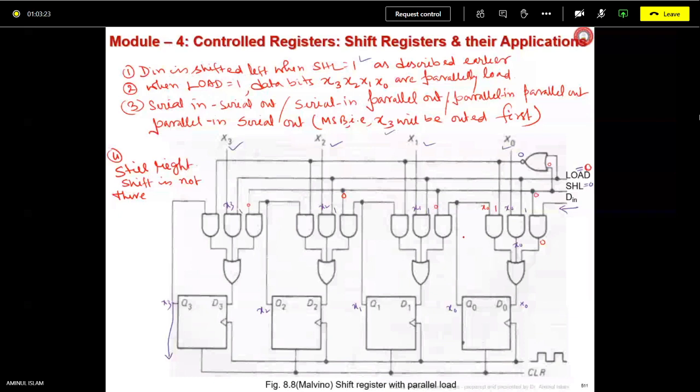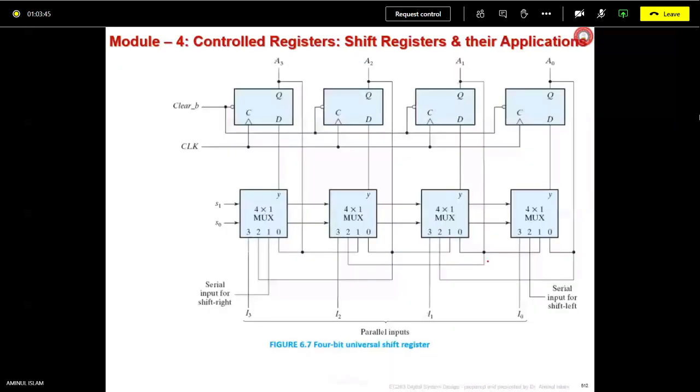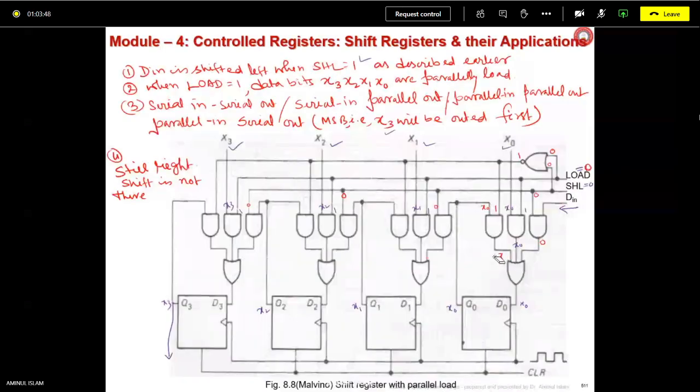You are not shifting left. So both signals should be 0. If both are 0, what is the output of this NOR gate? 1. Yes, it is 1. So this 1 is coming here. So X0 is getting a path up to here. X0 is going to get up to here or not? Yes, sir.